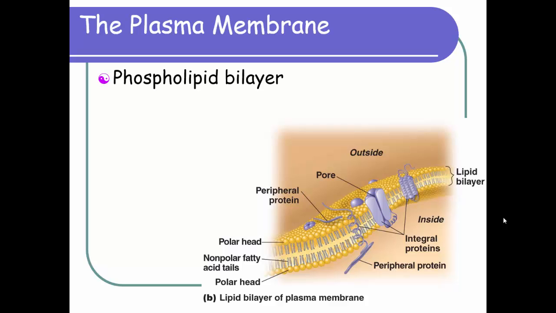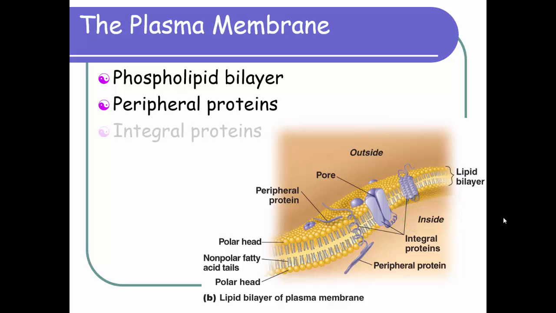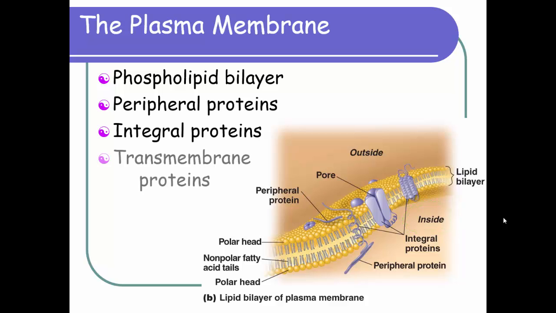The phospholipid bilayer will separate the water outside environment from the water inside environment because it's a fat. We'll have peripheral proteins, integral proteins, transmembrane proteins that provide a variety of functions across the cell membrane.